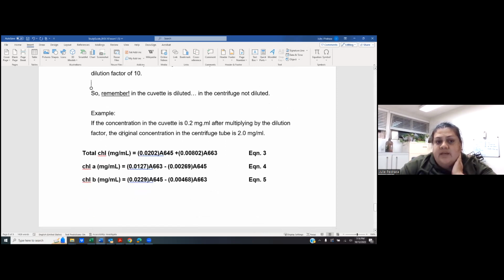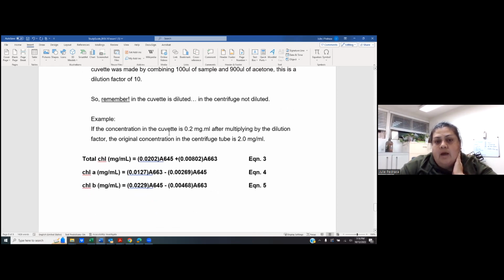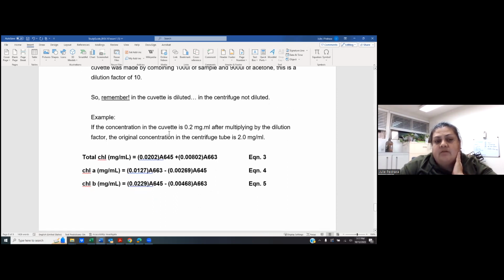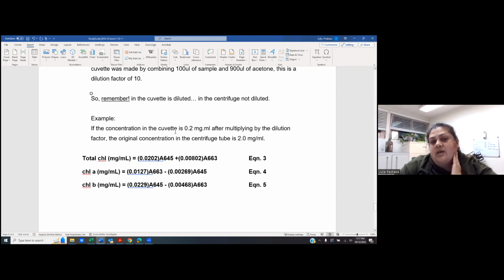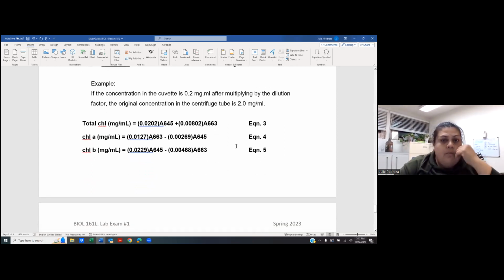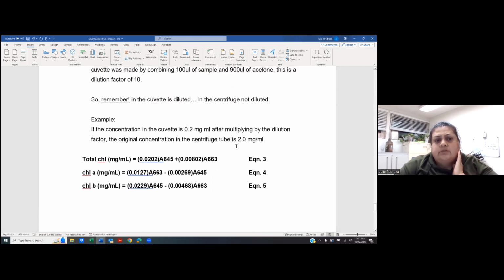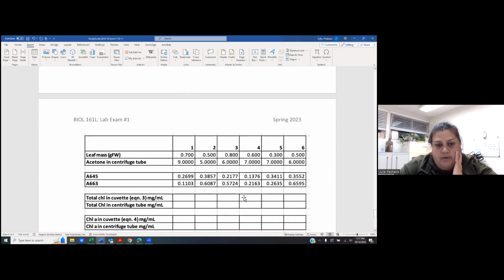And it's saying if the concentration of the cuvette is 0.2 milligrams per milliliter, after multiplying by the dilution factor, the original concentration in centrifuge 2 is 2.0 milligrams. So they already did the equation for you, giving you the example. It wants you to solve total chlorophyll for all of these components.